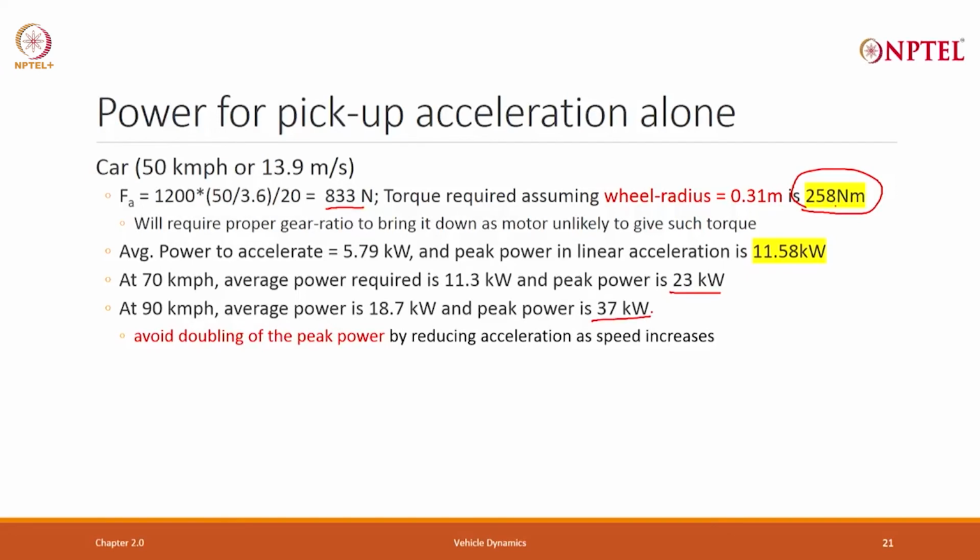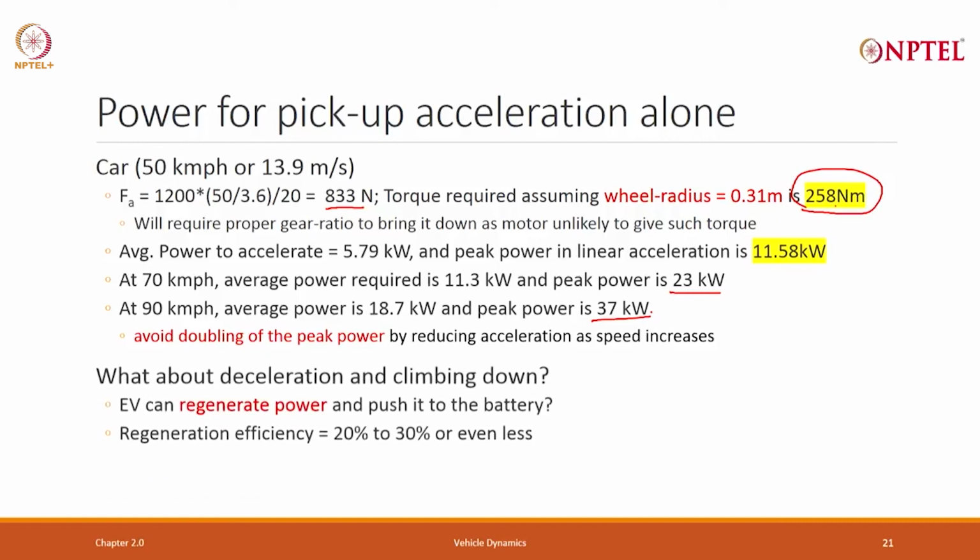So, if I go to higher and higher speed, and I still want to accelerate in 20 seconds, my power requirement will go higher and higher. Generally, of course, you do not go to this higher peak power, because you accelerate faster in the beginning and then slower, and that can probably bring it down to 18.7 kilowatt.